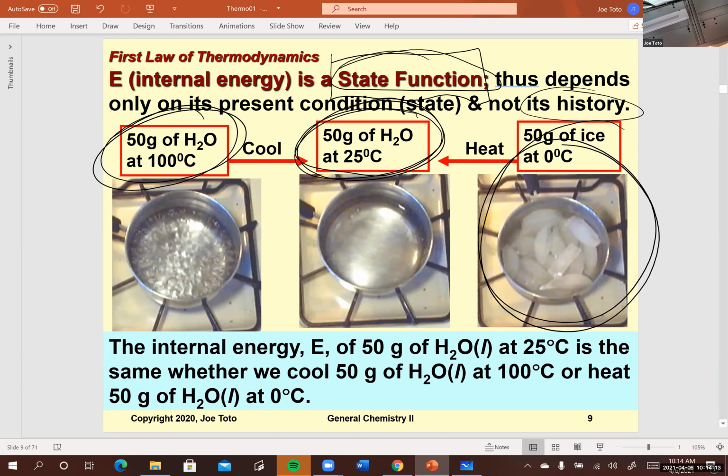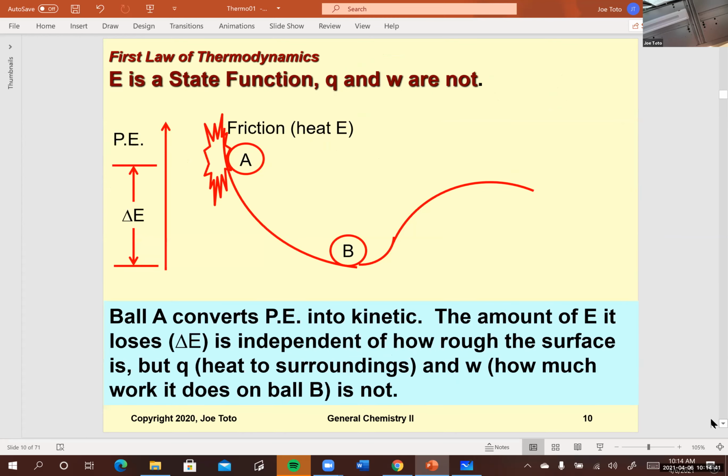That means that if I want to find the change of energy that occurred when something went from one state to another, then I can just find their energies at those 2 points and subtract them. I don't care about the path in between those 2 points. And so that's the advantage of being a state function.